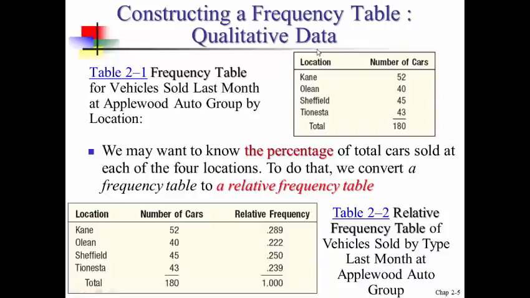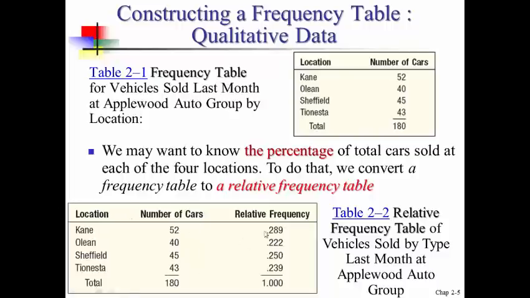Okay, so table 2.1, because chapter 2, table 1. Table 2.1 is the frequency table. Table 2.2 is the relative frequency table. We have 3 columns. Column 1 is the item that we study. Column 2 is the frequency of each item that we study. Based on these 2 columns, we call it a frequency table.